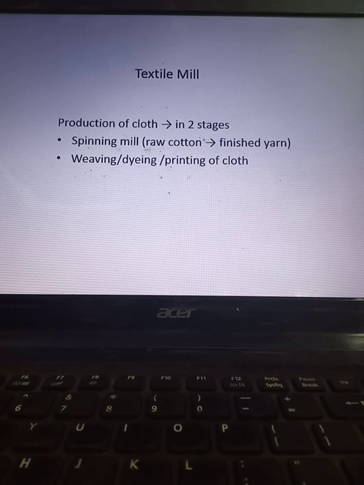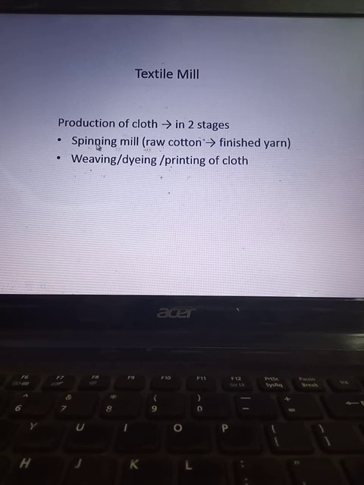Textile mill is the one wherein cloth is produced. So what is textile mill? Textile mill is the one wherein the cloth is produced, and this cloth is produced in two stages.